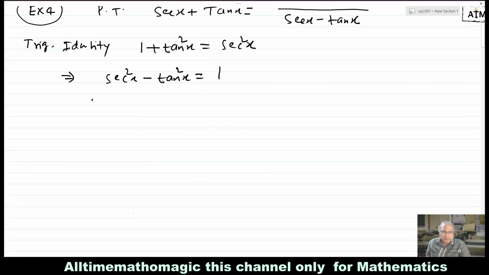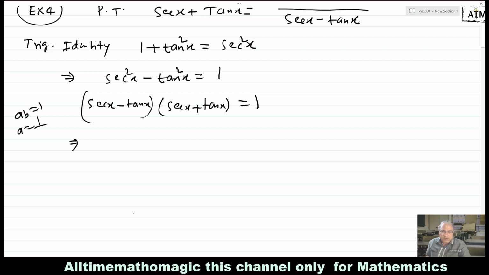Therefore, sec x minus tan x multiplied by sec x plus tan x equals 1. By using the above property, that is, a into b equals 1, a equals 1 upon b, we can write sec x plus tan x equals 1 upon sec x minus tan x.